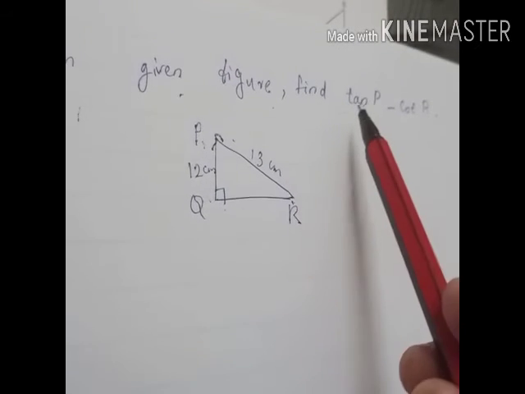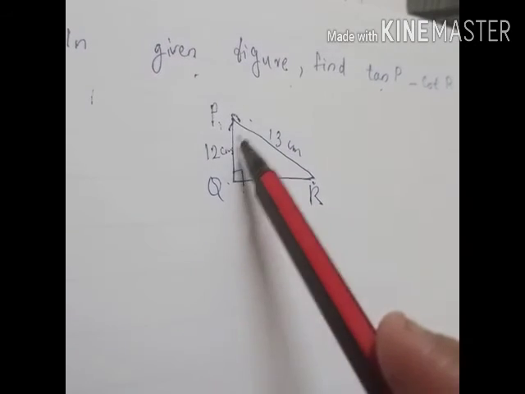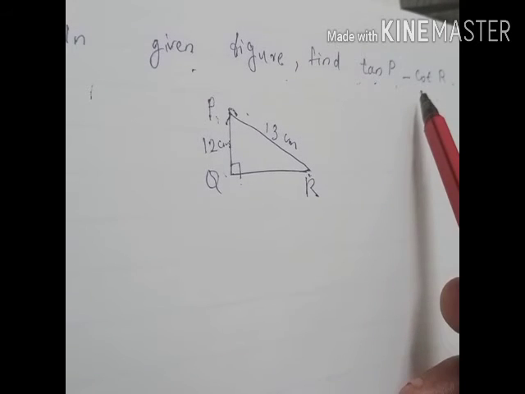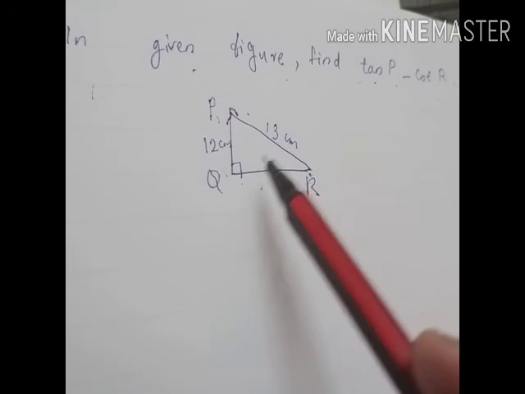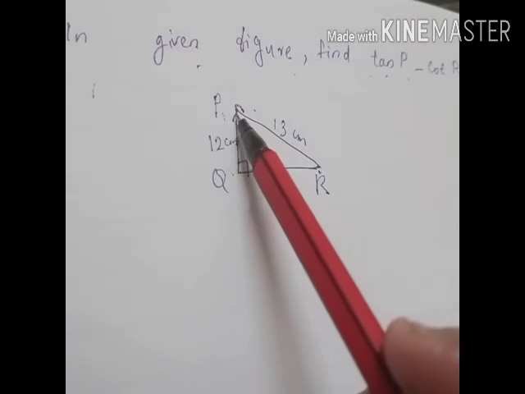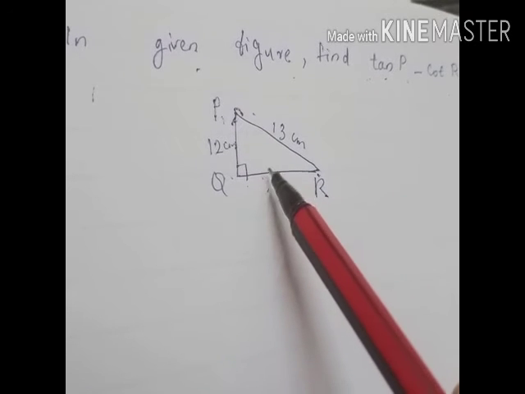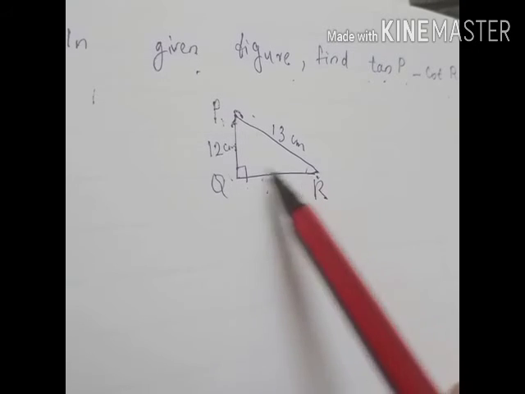So here we have to find tan P minus cot R. Tan P and cot R. For finding tan and cot, we should get opposite and adjacent. Okay, here with respect to P, opposite is not given, and at the same time with respect to R, adjacent is not given.